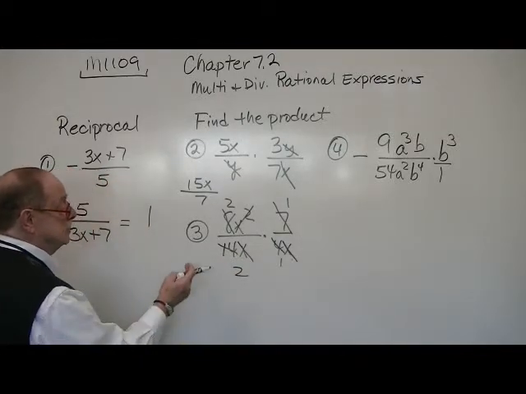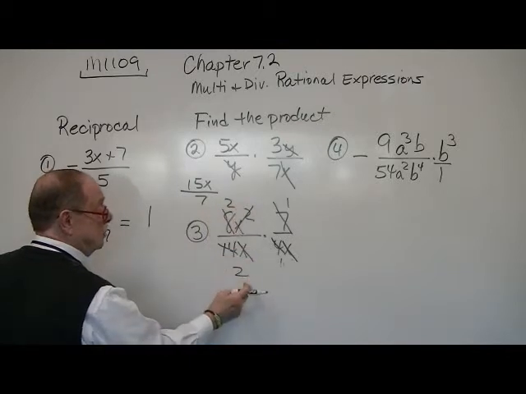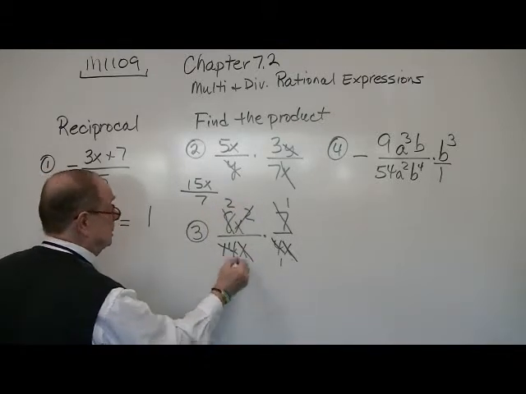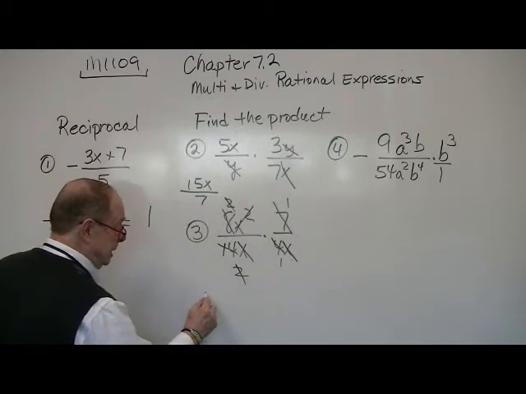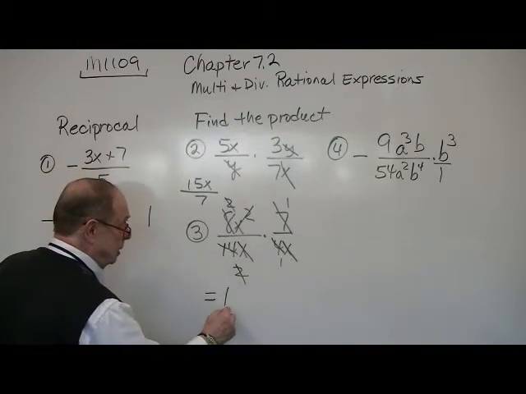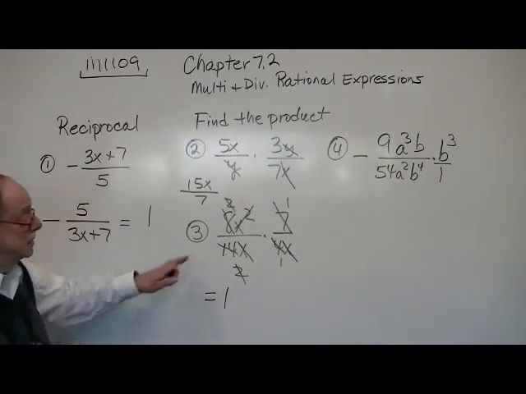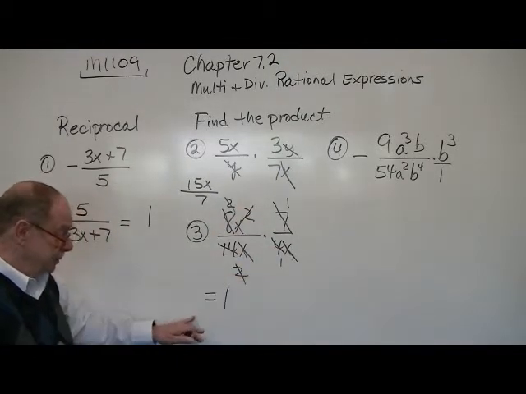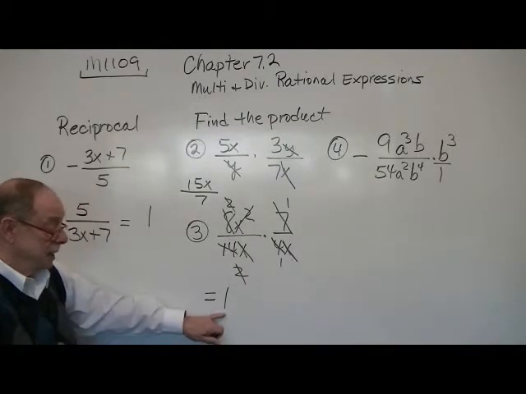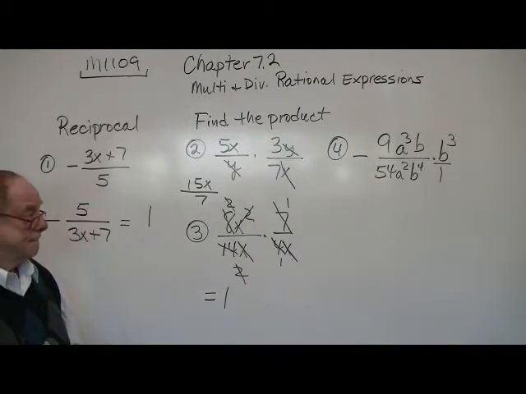And look what happens. You have a 2 over 2. Well, that cancels out. And interestingly, number 3 is going to equal 1. So after doing all of that, everything sort of canceled out, and we end up with a 1.